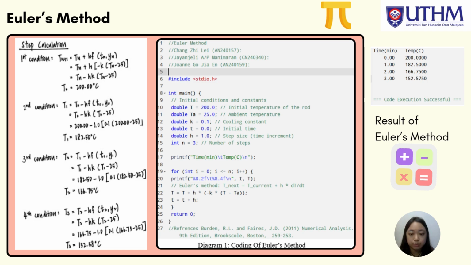And then n equal to 3 means that we will count 3 terms, and then the T naught because it's given is 2, and then we will count another 3 terms. And this is the result we get using coding.